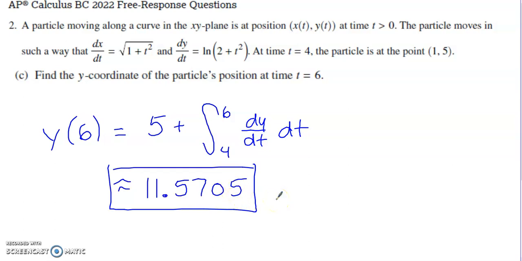You're not penalized for including more than 3 digits of accuracy, but you are if you include less. In this case, 11.571 would be accepted as well. This isn't a case where these limits of integration are irrational values, but that's just the habit that I'm in with regard to how I round or specify my result.